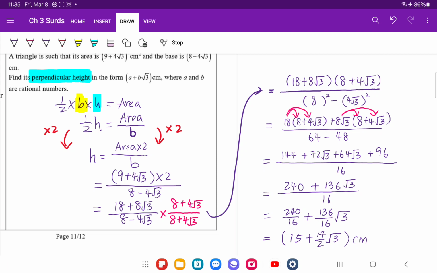And then number 2 will be topic 3.1 on surds. Ignore homework 3.2 for the time being.